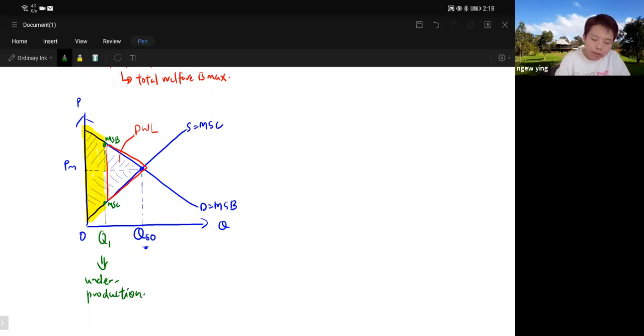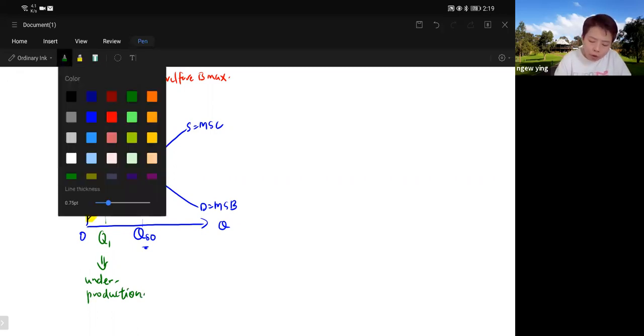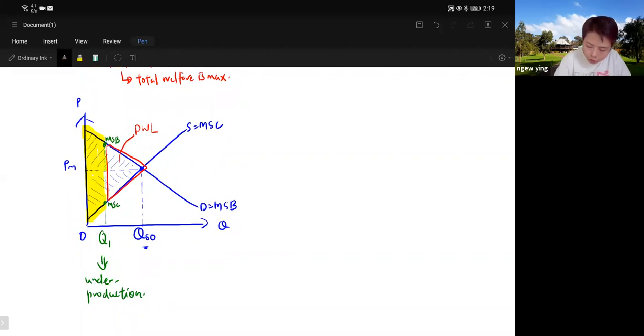Likewise, if now you produce at Q2, the extra benefit to the economy is now less than the extra cost incurred.